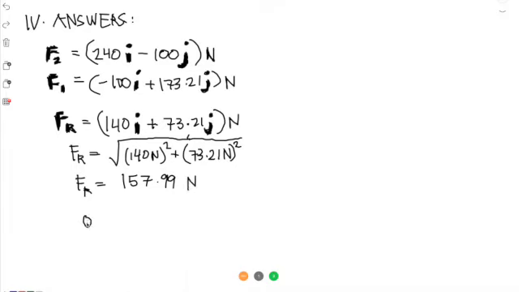And we can find the angle by the arctangent of the absolute value of, since these are both positive, y over x. So the angle would be 27.61 degrees.